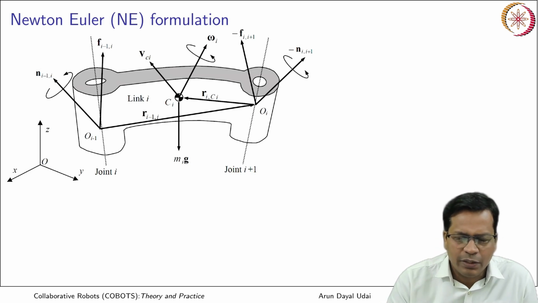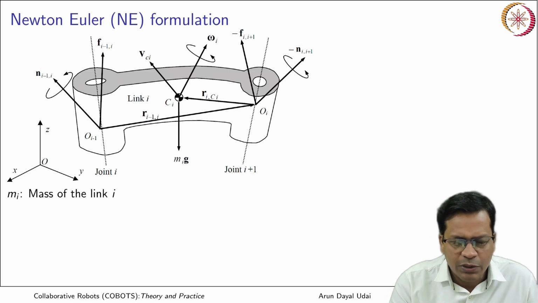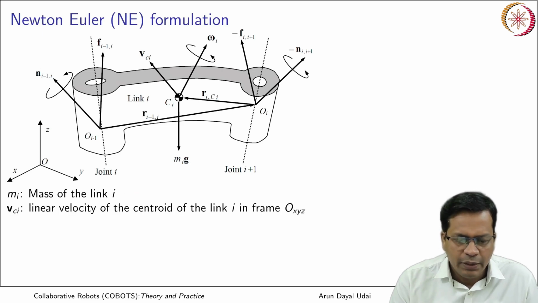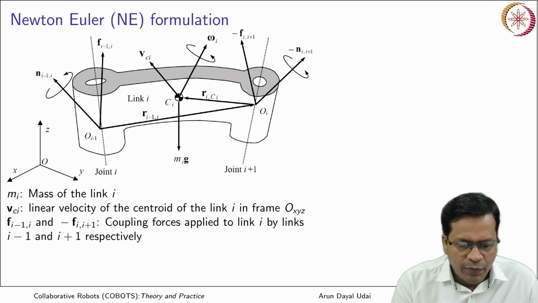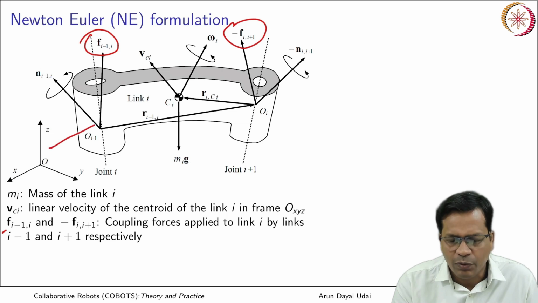This is the Newton-Euler equation that we will be using. Mi, this is the piece of the link which I have shown here. Mi is the mass of the link. Vci is the velocity of the center of mass of the ith link. F(i-1,i) and F(i,i+1) are the forces that are coming from both directions on this link, one from this side, other from the link on the other side of it.